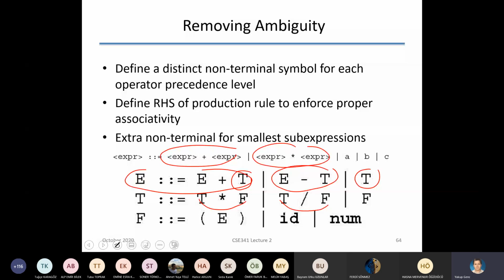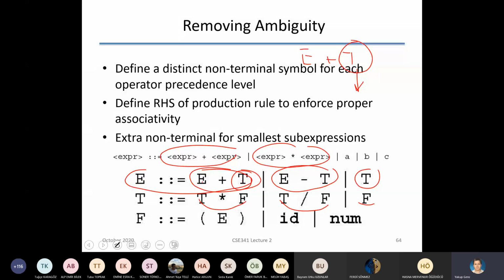Now what this does, by factoring this part, is put the associativity rule in place. Meaning now with E plus T, what I am guaranteeing is that this T part can be either another addition, or if it is going to be a multiplication, it's going to be only in this part.